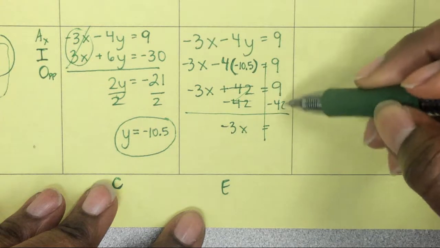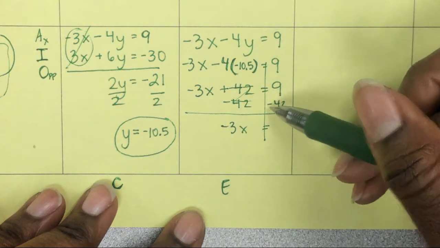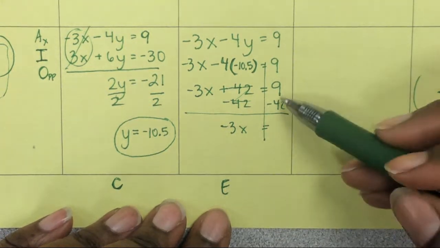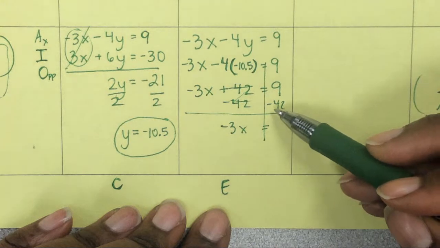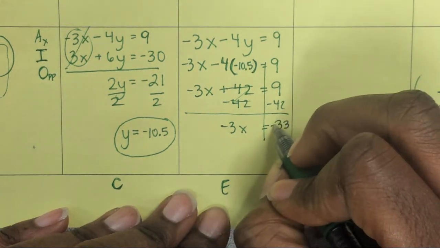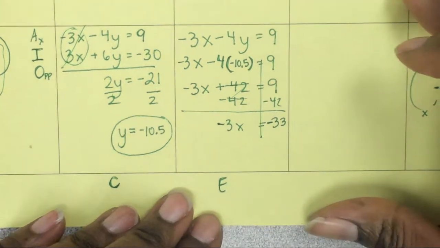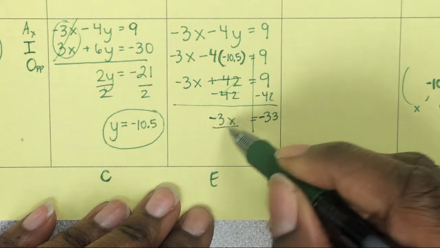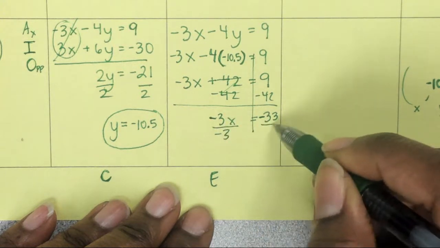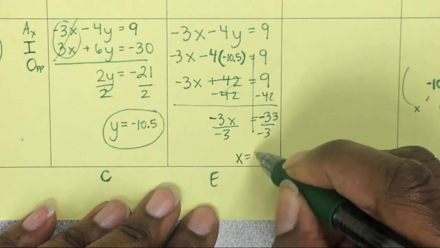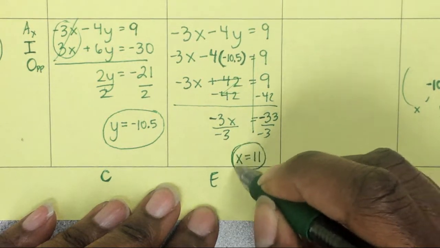Once again, combine these. A 9 and a negative 42. What's 9 combined with the negative 42? We're adding again. 33. A positive 33? A negative 33. Ah, yes, negative 33. And the last step is getting rid of what's connected. Divide exactly what is with your variable. 11, yeah. X equals 11.